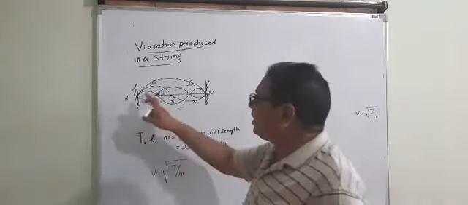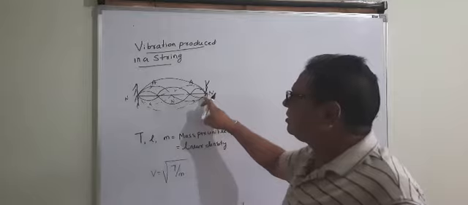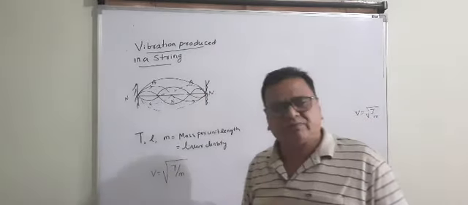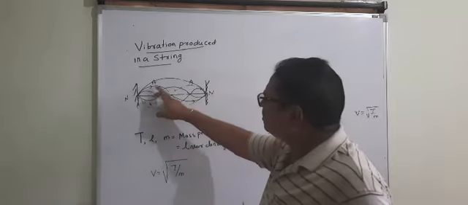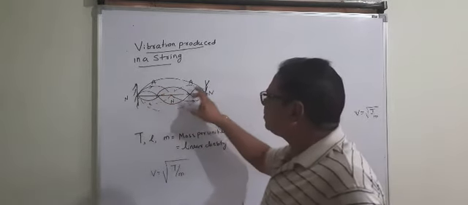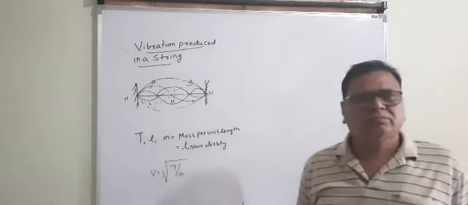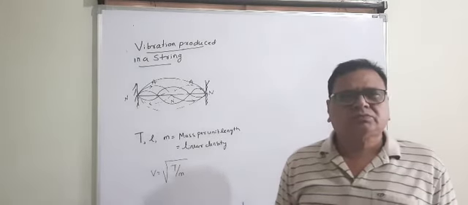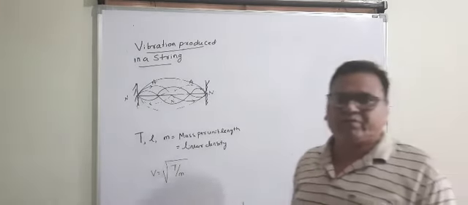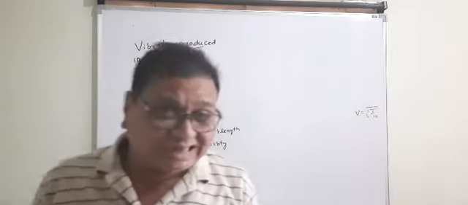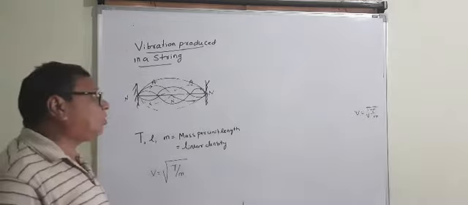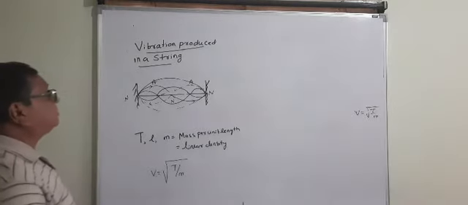For the same length of string, a string can vibrate in different ways: by forming a single loop, by forming two loops, by forming three loops. That means a string can vibrate in different ways. The different ways of vibration of a stretched string are called modes of vibration.